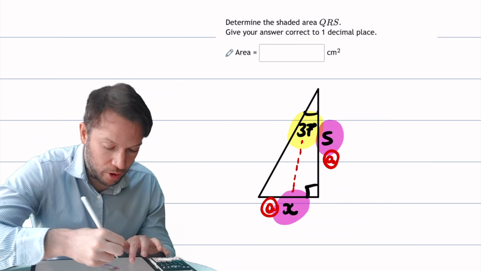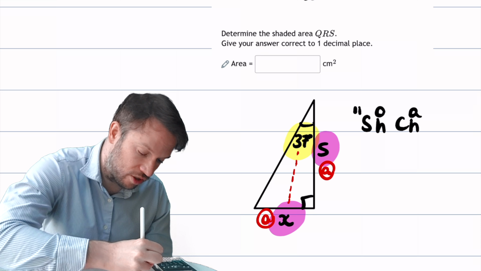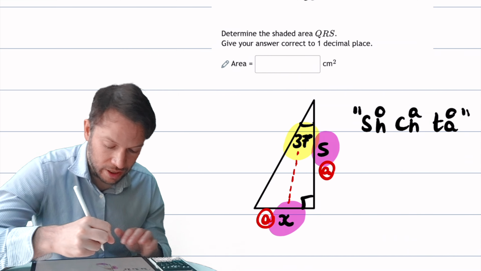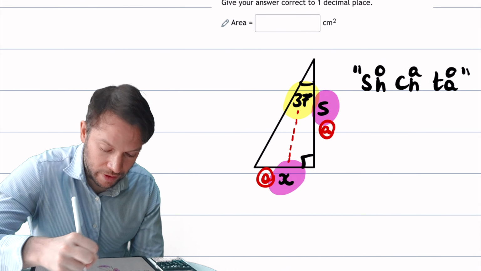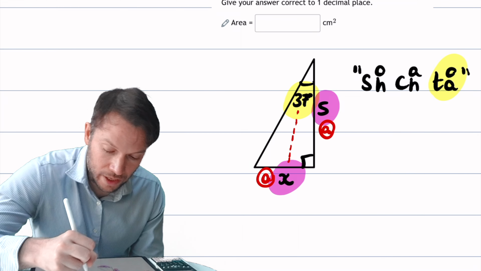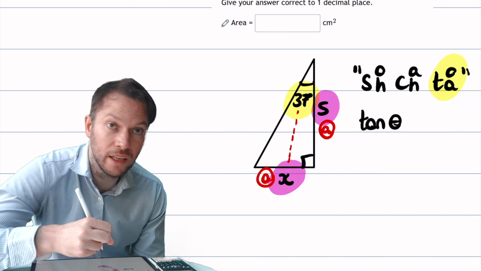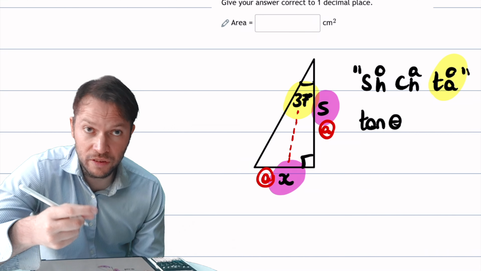And then remember, we use our mnemonic, SOHCAHTOA, to work out which trigonometric ratio to use. Because we're involving the O and the A, it's going to be tan. Remember that's short for tan of the angle theta, which is equal to O over A. Theta is just a Greek letter, usually used to mean angles.